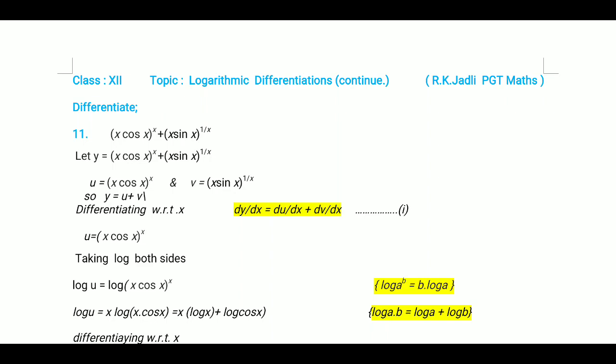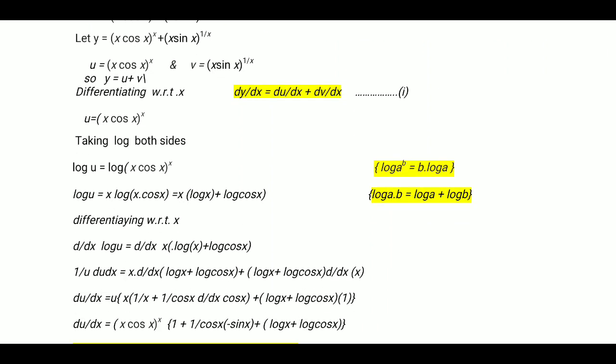u is equal to (x cos x)^x, which we have considered. Now here we can take log both sides because this is in power form. So log u is equal to log (x cos x)^x. Now use the properties of log: log a^b is equal to b log a, and log(ab) is equal to log a plus log b.